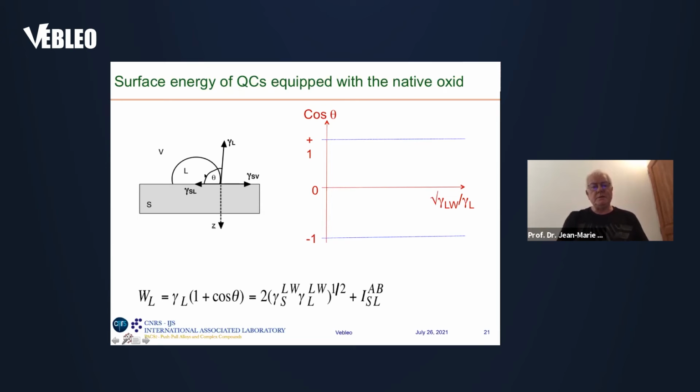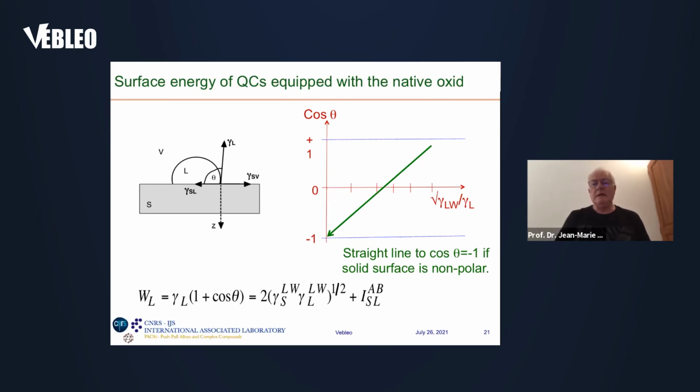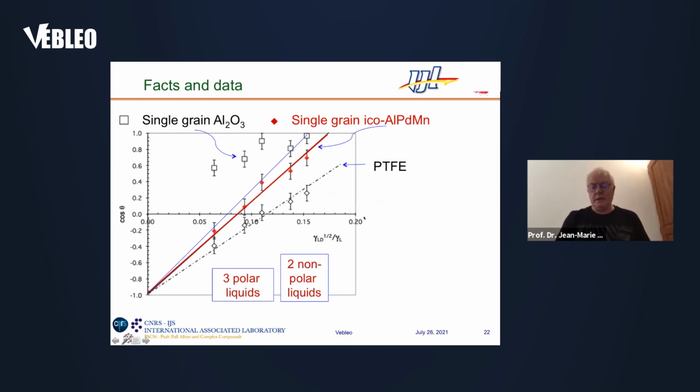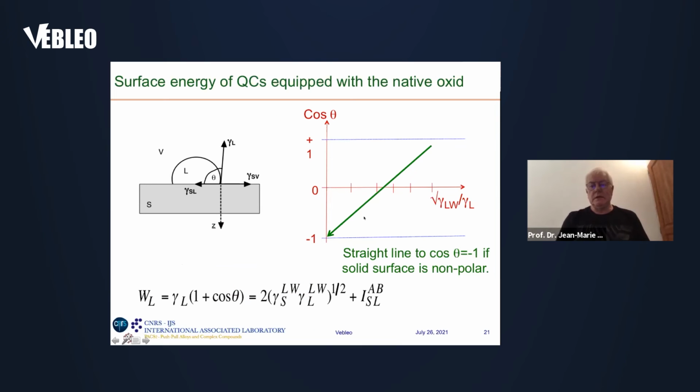And if you plot the cosine of this angle as a function of this term divided by the surface tension of the liquid, you expect that if the surface has no polar component, you will observe a straight line using several liquids of different polar and apolar components.